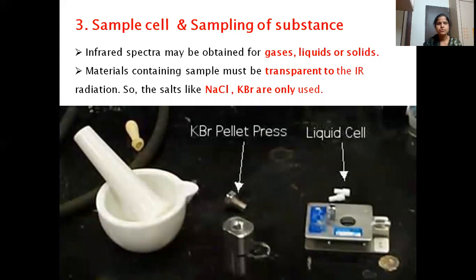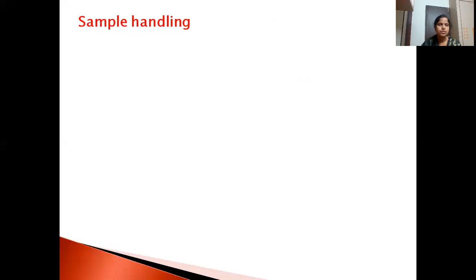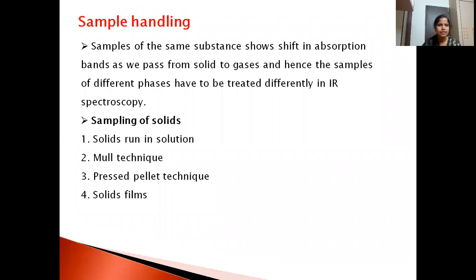We can convert the powder form into pellets, or we can directly take the liquid form of the sample. So this is sample handling. If a solid is present, how can we convert it into a sample for the spectrophotometer?